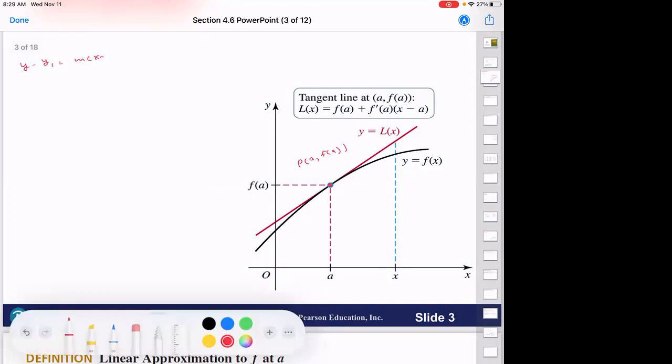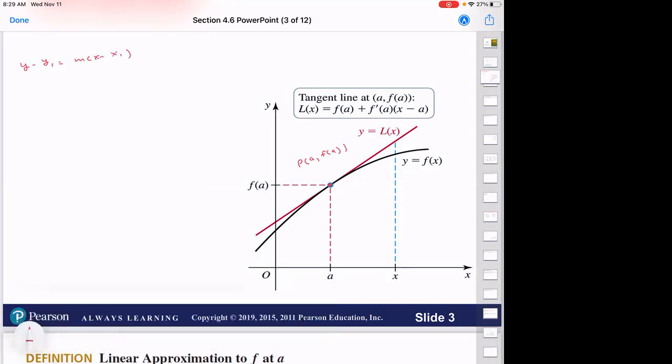That is the equation of the tangent line. So it is y minus f(A), since y1 is f(A), equals, what is m? The derivative of the function at that point, times x minus x1, which is A. Now if you solve this equation for y, what do you get? Add f(A) to both sides: y equals f(A) plus f prime(A) times x minus A, isn't it?